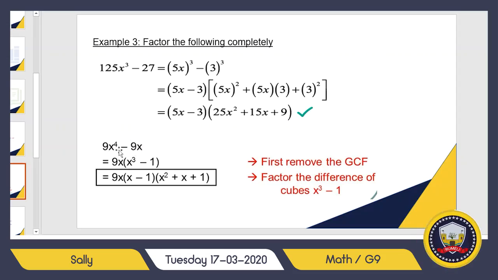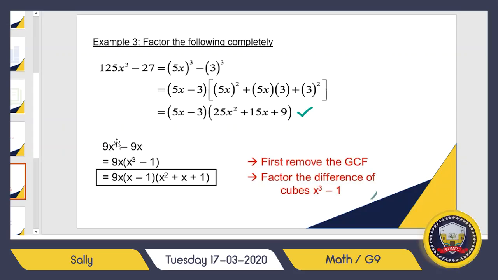So I should ask myself another question. Do the two terms have a common number? Yes, they have a common number, 9 here and 9 here. So 9 is a common number. So I can take 9 as a common factor and write it outside. What else is a common factor?